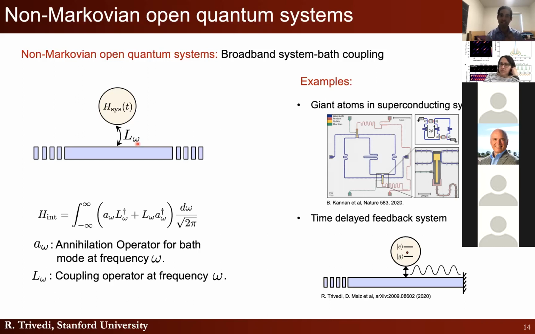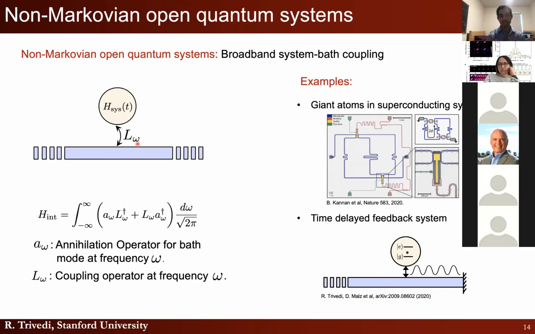So these include these giant atoms in superconducting qubits that have displayed potential to perform quantum information processing tasks that are more complex than you can perform with Markovian systems, or these time delay feedback systems that we looked at recently, and I also talk about them at some point in my talk.